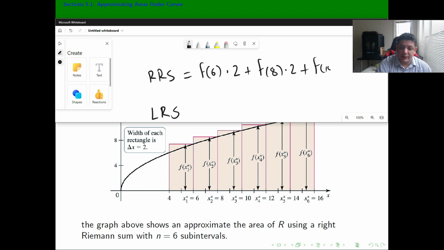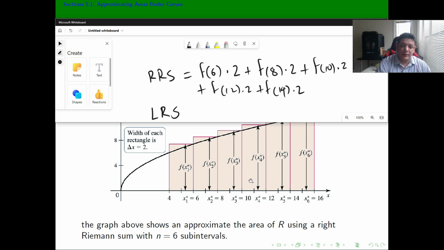Now f of 10 times 2 is going to be the area of this rectangle here, plus f of 12 times 2 and f of 14 times 2. So with this, we have the sum of all the 6 subintervals.